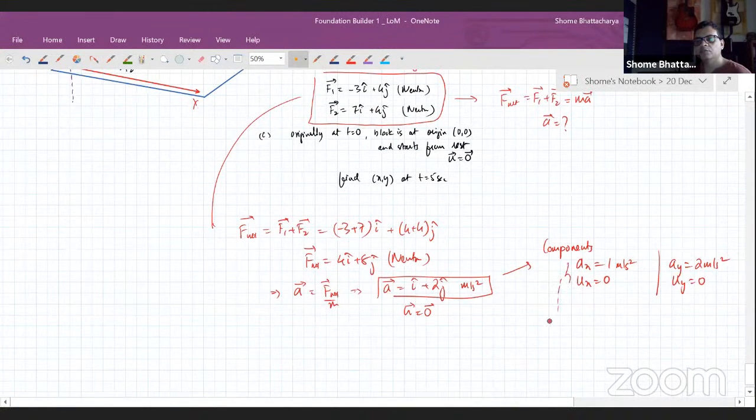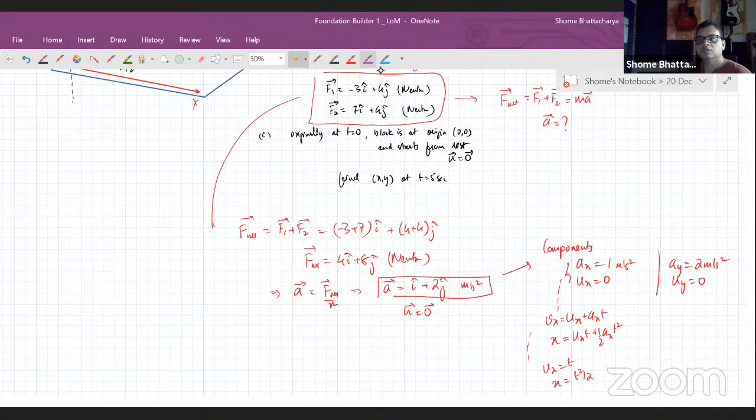Use the 1D motion equations. So Vx will be equal to Ux plus Ax t, and the x component of displacement will in general be Ux t plus half Ax t square. But here, it will just become Vx equals t, and the x component of displacement will become t square by 2.